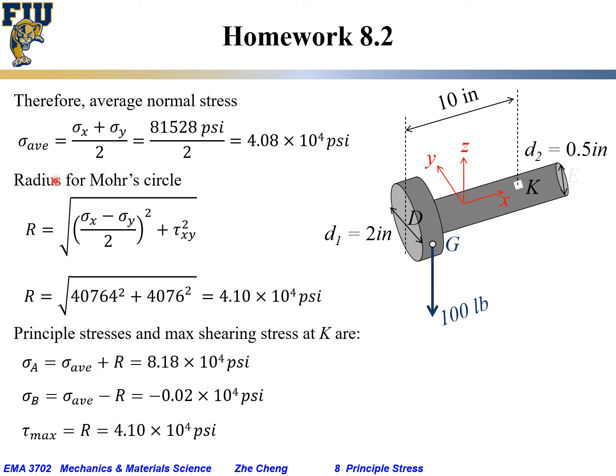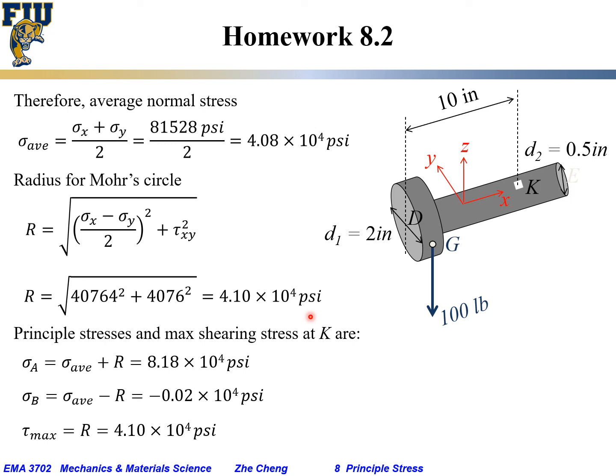The radius for the Mohr circle would be the square root of the difference divided by 2 squared plus the shearing stress squared, which comes out to be 4.10 times 10 to the power of 4 psi.